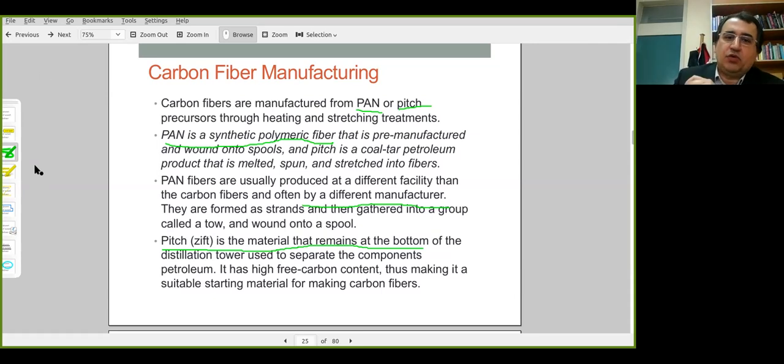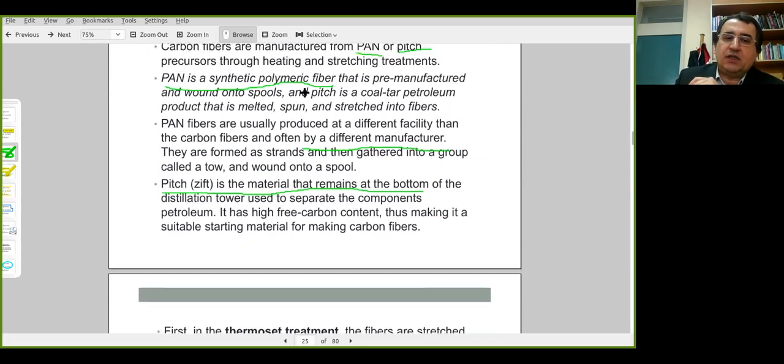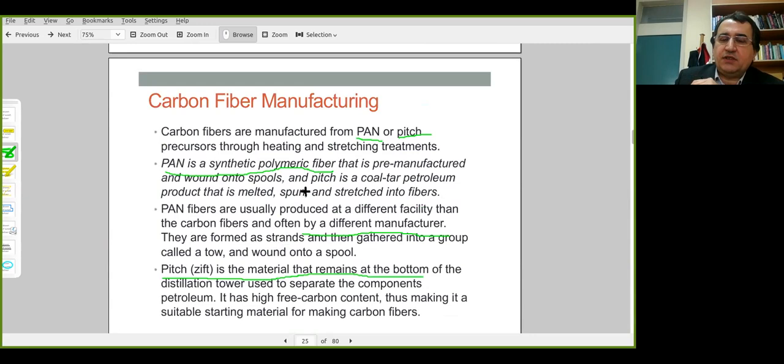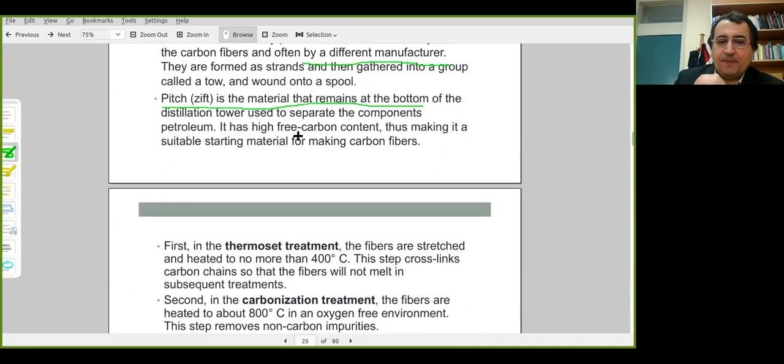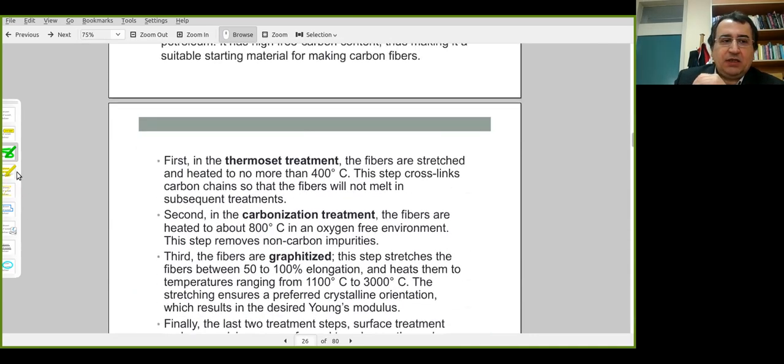Additional processes need to be applied on these precursor materials before the carbon fiber manufacturing is finalized. There are three main processes in carbon fiber manufacturing. The first of these is referred to as thermoset treatment.